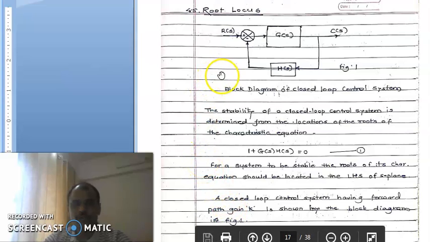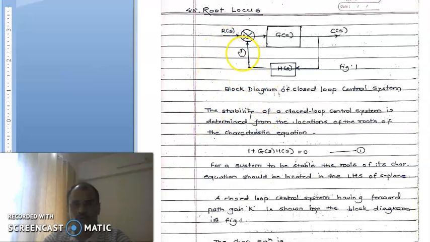Let us begin with when we have an open loop transfer function along with a feedback transfer function. If the arrangement is like this, then the procedure always begins with the characteristic equation: 1 plus G of s into H of s equals 0.